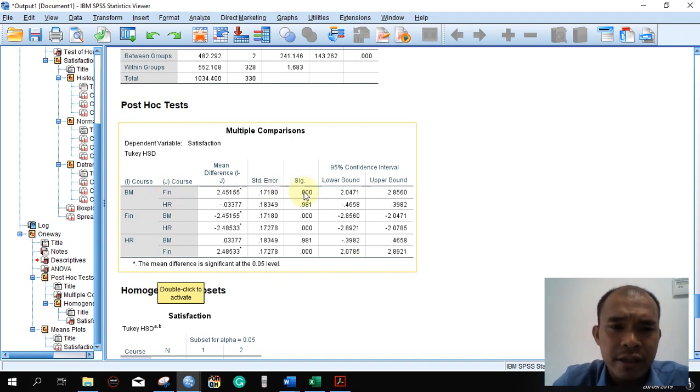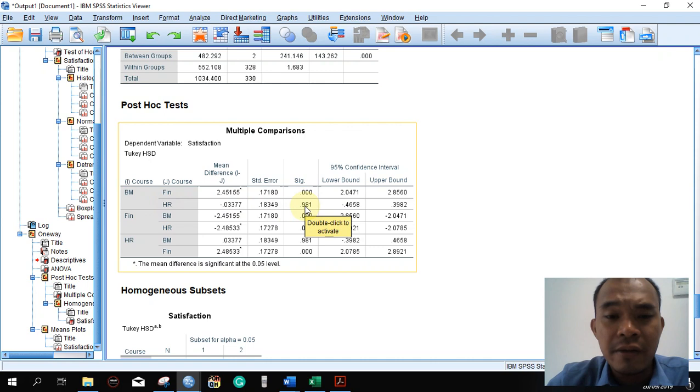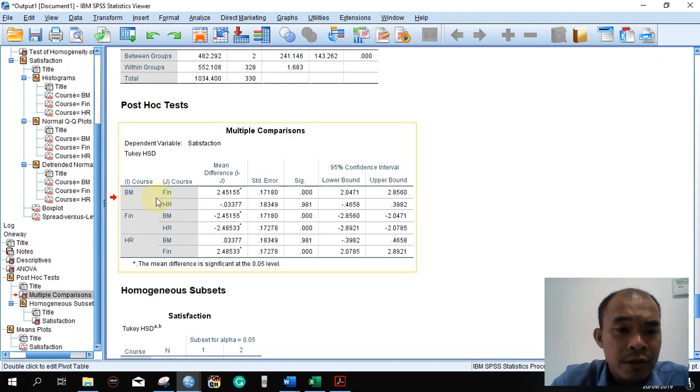Yes, there is a significant difference between the response of BM and finance. And then how about BM and HR? There's no significant difference because the significant value is greater than 0.05. However, since BM and finance here is 0.0, of course the finance and BM is 0.0 again, and then the finance and HR 0.0.